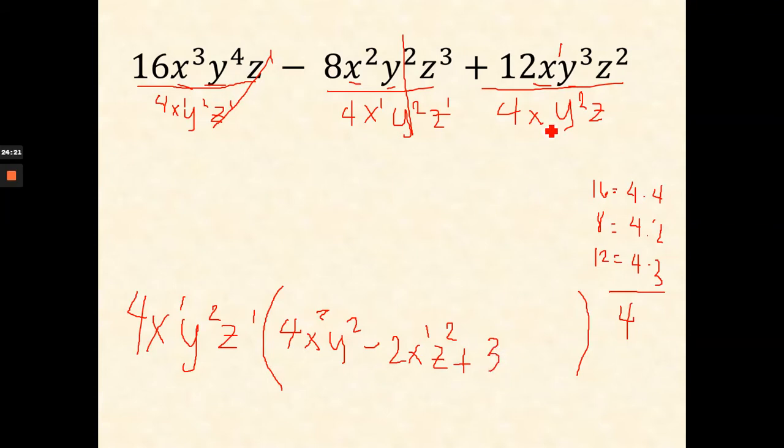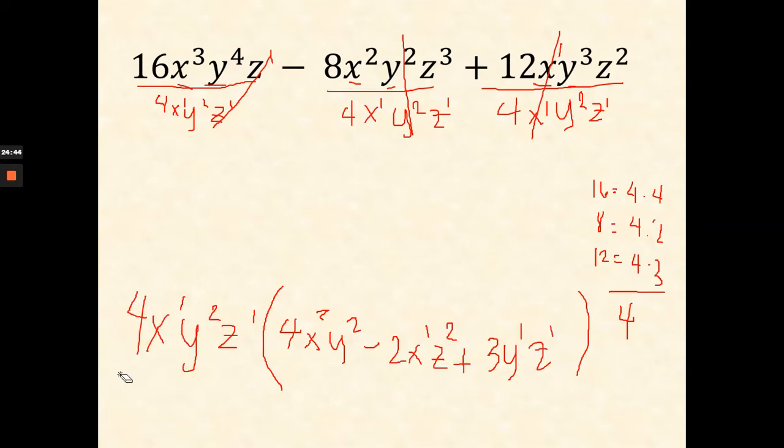Okay? Then you have x, 1 minus 1, that is 0. Your y is 3 minus 2, that is y raised to 1. And then z, 2 minus 1, that is z raised to 1. Okay?